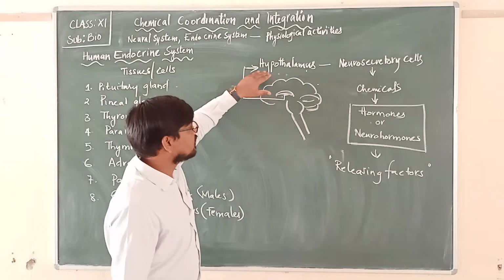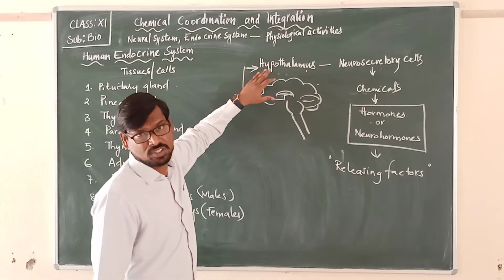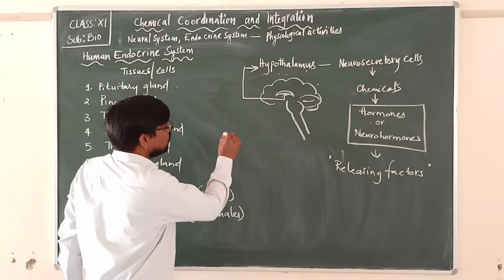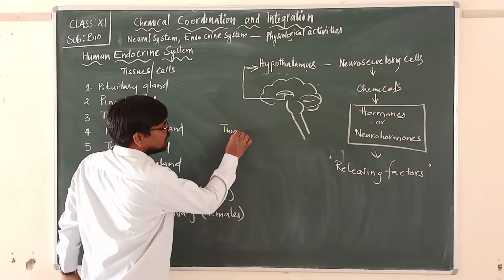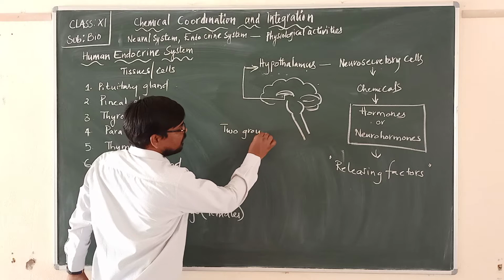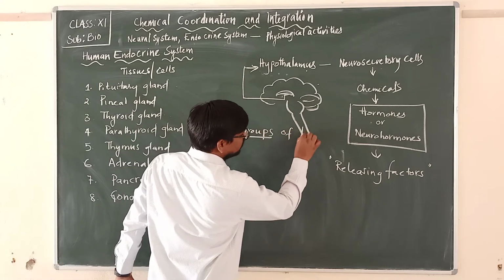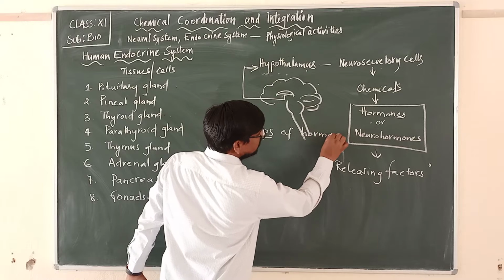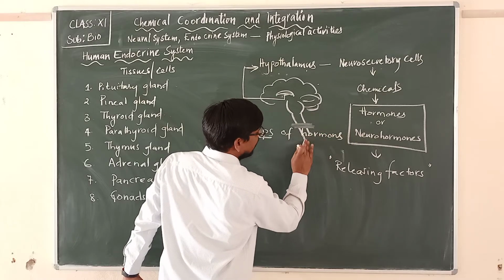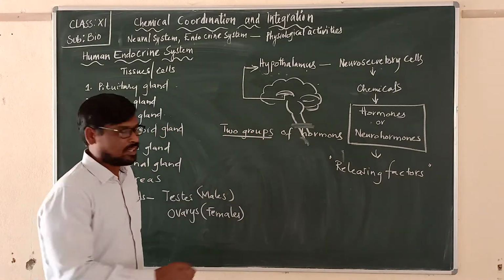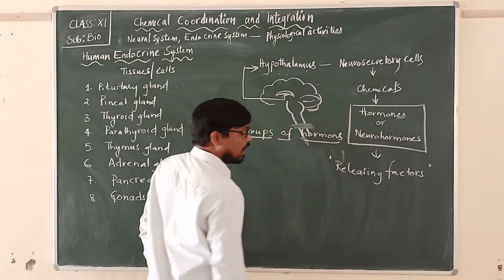So here, this particular hypothalamus region is producing two groups of hormones.